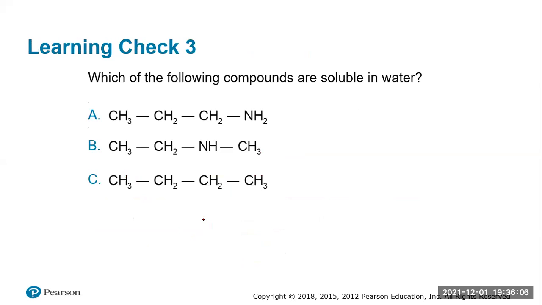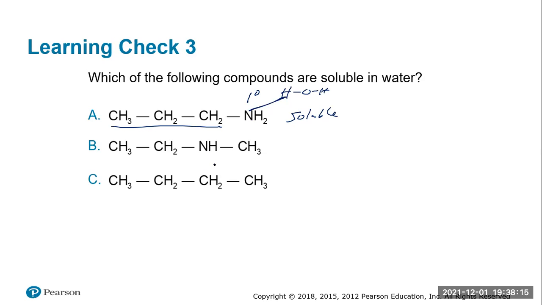Okay, take a second here and decide which of the following compounds should be soluble in water. Primary, secondary, tertiary amines. Here we obviously have a primary amine, and that's definitely less than 6 carbons, so we would predict it should be soluble in water. It should allow the water to get in there, interact, and do some hydrogen bonding.